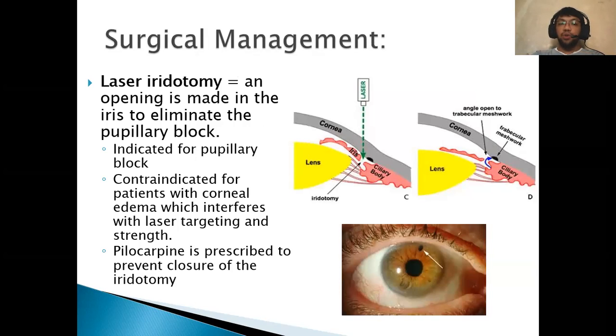But it's contraindicated for patients who have corneal edema, which interferes with laser targeting and strength. Pilocarpine is prescribed to prevent the closure of the iridotomy. So after the doctor has done laser iridotomy on the patient, pilocarpine is given afterwards or post-op.